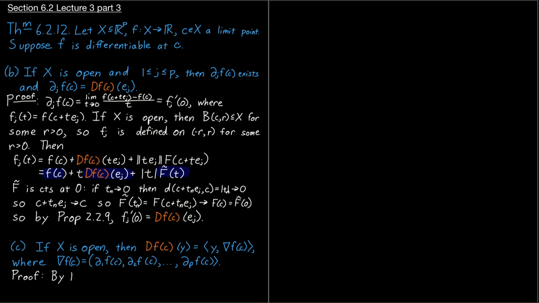It's just by proposition 6.2.8. If you've got any linear operator, you can always write it as the inner product of y with A, where Aj is your linear operator evaluated at ej, which in this case, we just saw in part B, is the partial derivative at c.